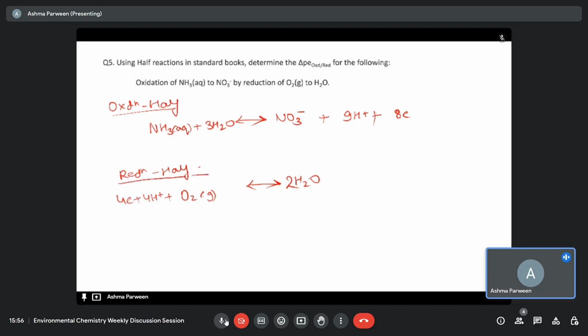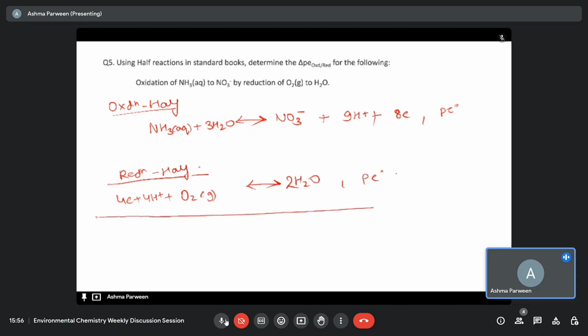Next, we will refer to the table which I showed you in question number 1, and we will find out the value of pE naught for this reaction and for this reaction, and finally we will find the overall pE naught for this oxidation reduction couple.